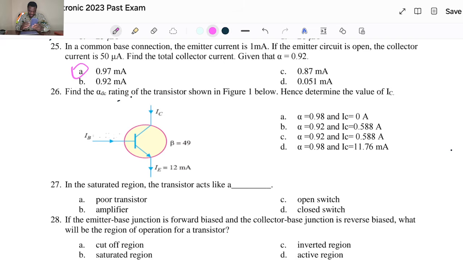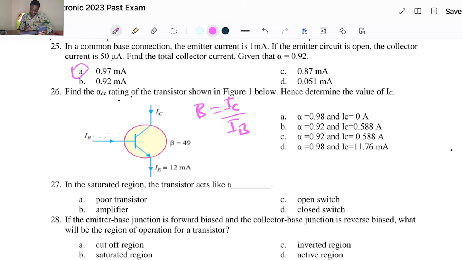We have: find the alpha DC rating of the transistor shown in figure 1 below. Hence, determine the value of the collector current. Now, to find first the alpha DC, you can see from here we are given beta, which is going to equal, we know beta is IC over IB.